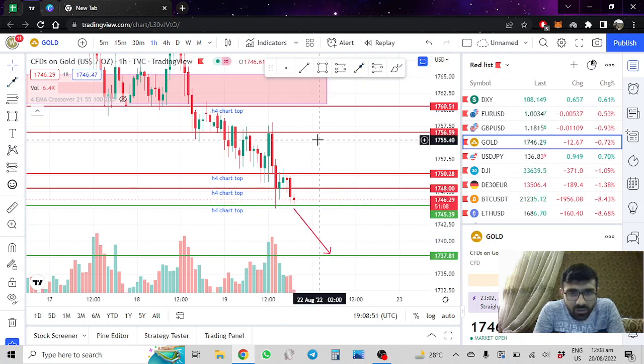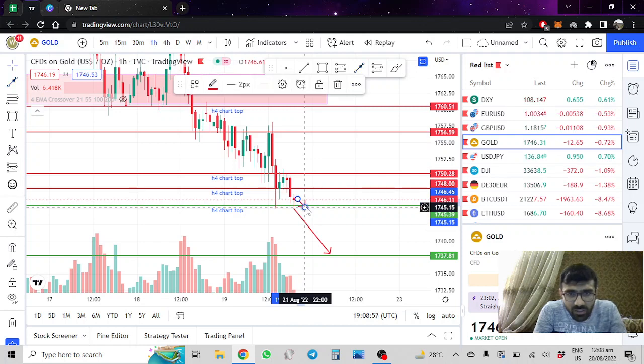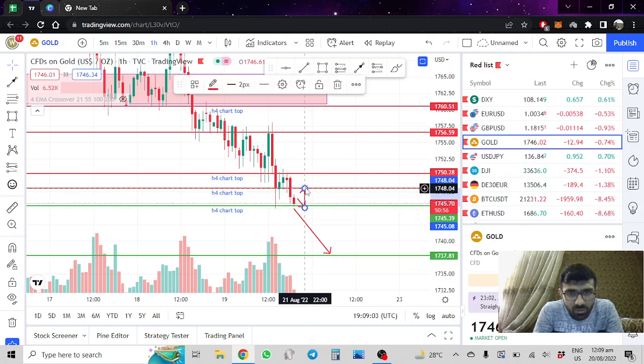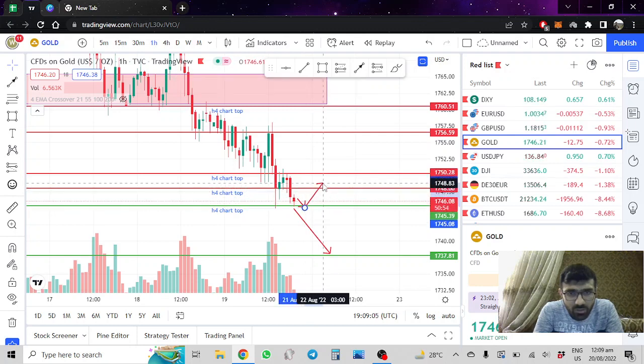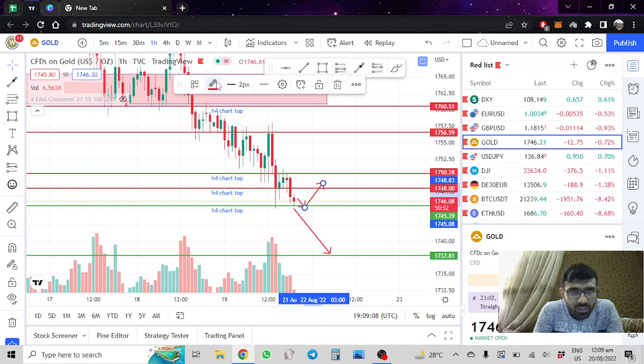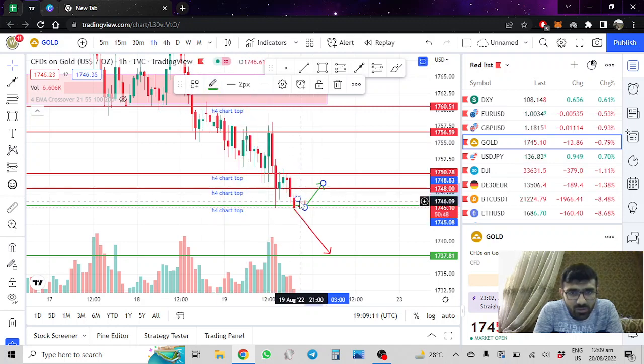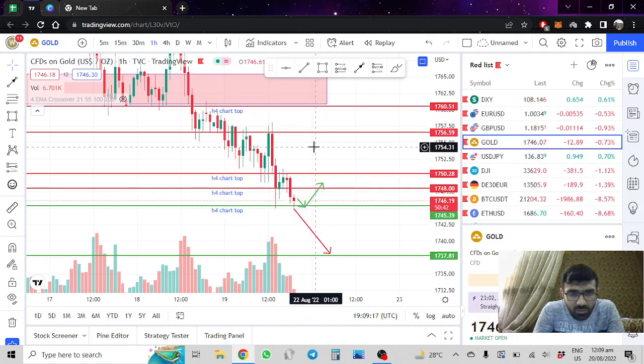But if it does not go down straight away, and if it just tests this area and closes a green candle above, then maybe we can go long for a short-term position. I am going to change its color to green so you guys can know that this is a buying setup that I am giving to you guys. Okay, so this would be a buying setup for us.